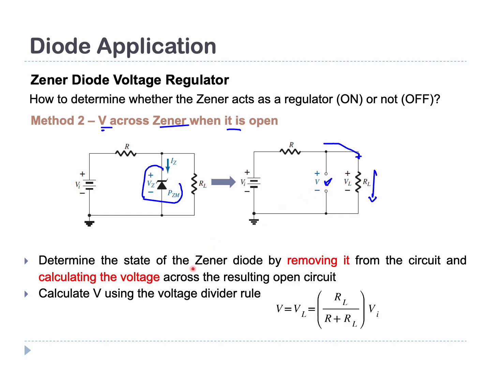So determine the state of the zener diode by removing it from the circuit and calculating the voltage across that. If you look properly, it is actually the same as the Thevenin theorem. We use the voltage divider rule: VI, the voltage of this source, multiplied by RL, the load resistor, over the total resistance inside that particular circuit.